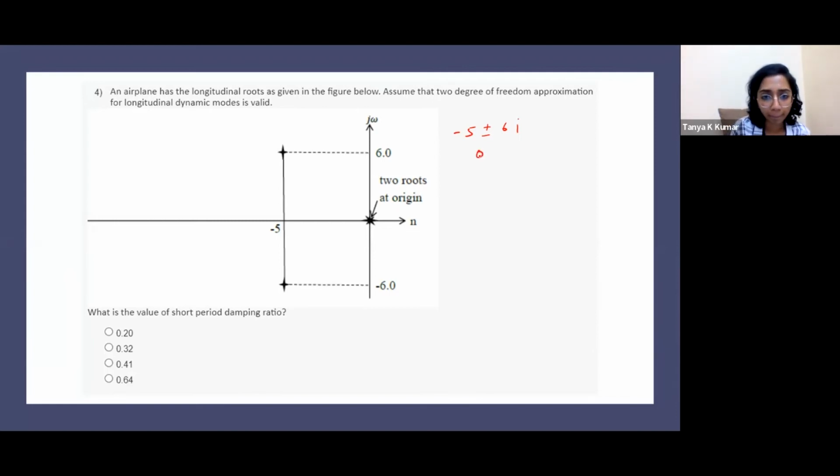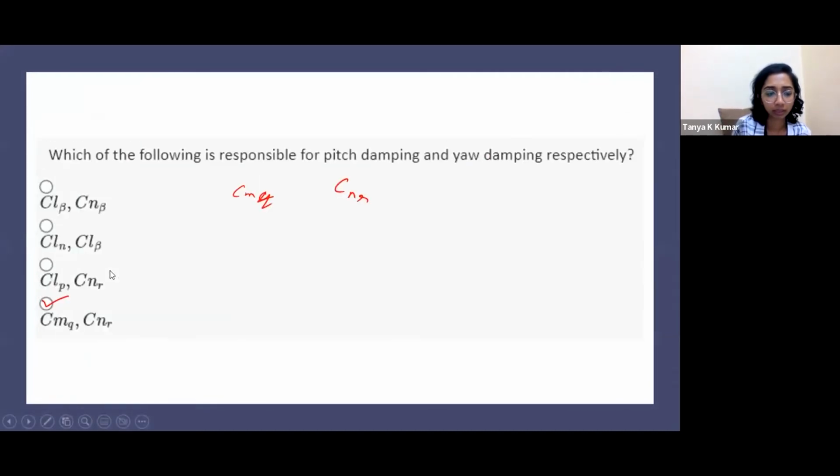Second question, which is responsible for pitch damping and yaw damping, these are given directly in the derivations when dynamic stability was discussed. So CMQ is the term that represents the damping of the second order system in the longitudinal case.